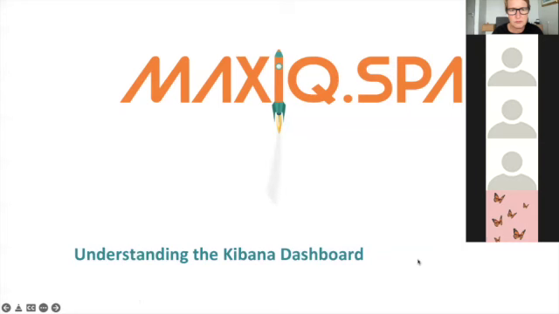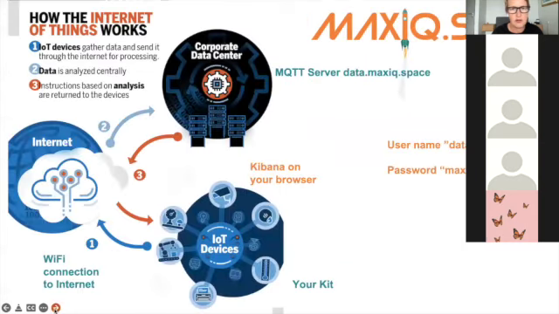So what I'd like to do is start with the foundational knowledge of how all of these things work. So I'm now going to go to an IoT slide. So yeah, Internet of Things.